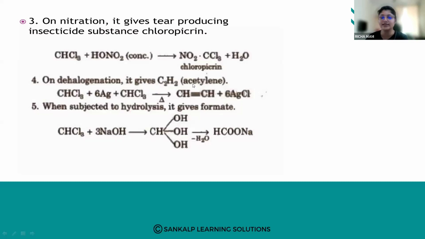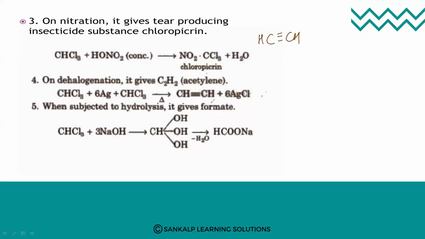On dehalogenation, it will give you acetylene. So these are some of the important properties which you can see here. So on doing dehalogenation, it will give you acetylene. Acetylene means carbon hydrogen with a triple bond, so it is termed acetylene.